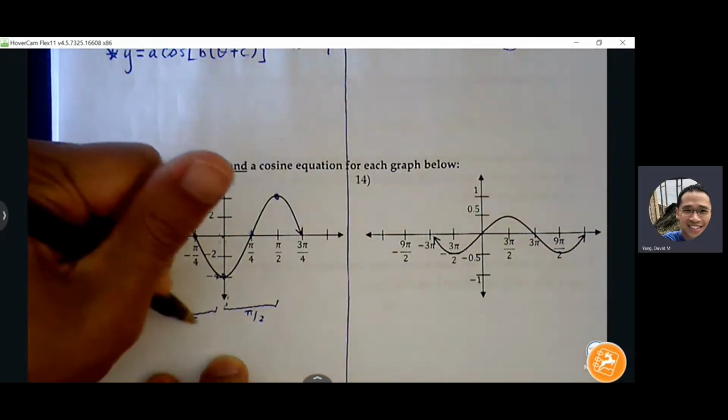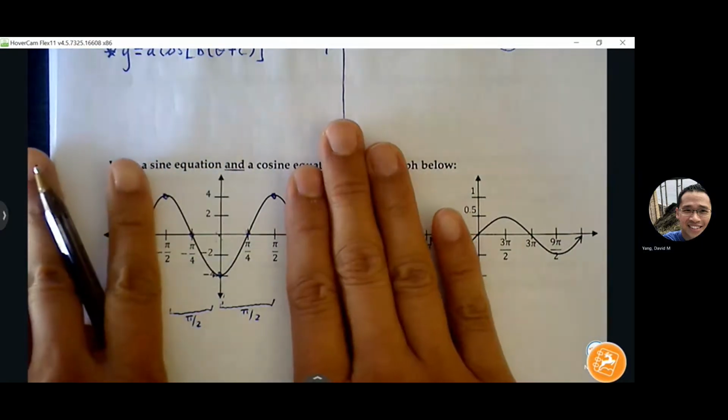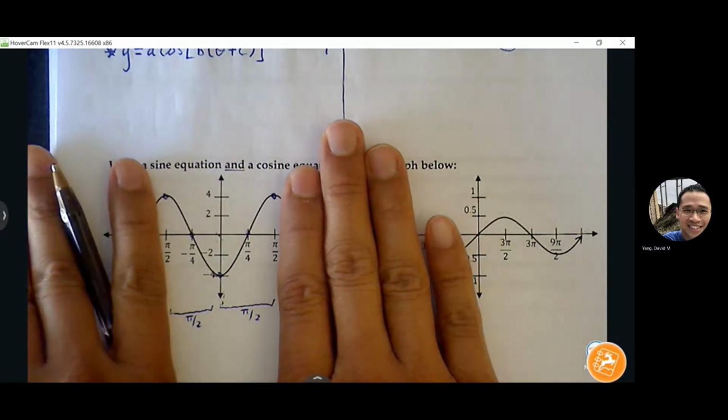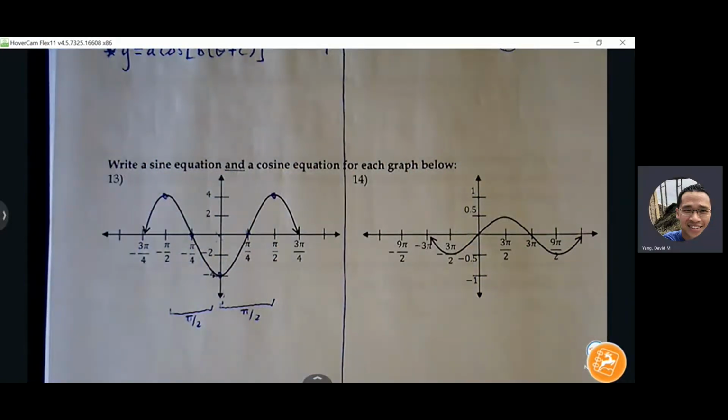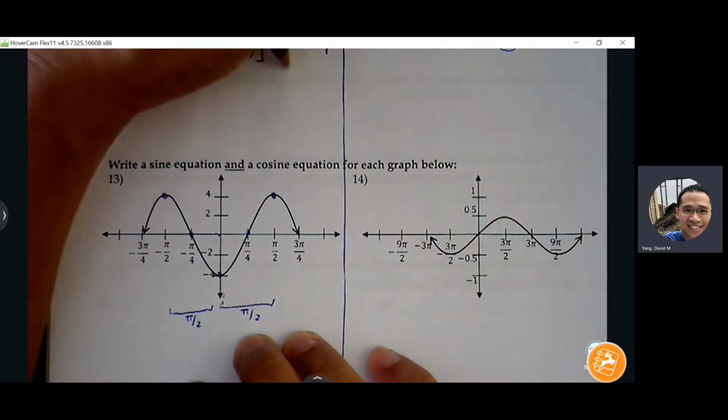So what's π/2 plus π/2? What's 1/2 plus 1/2? 1, right? So that's just π. Remember, when we add fractions, we add the numerators, but we keep the denominator the same. 1/2 plus 1/2 is 1. So you know that your period is π.